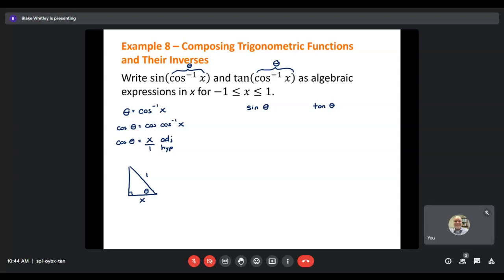Now, the next piece is we need to find that missing side in our triangle, because once we have that, then we'll have everything we need to be able to find the sine of theta and the tangent of theta. So I'm going to use Pythagorean theorem here. x squared plus b squared equals 1 squared. And I'm looking for b because I'm looking for that missing side.